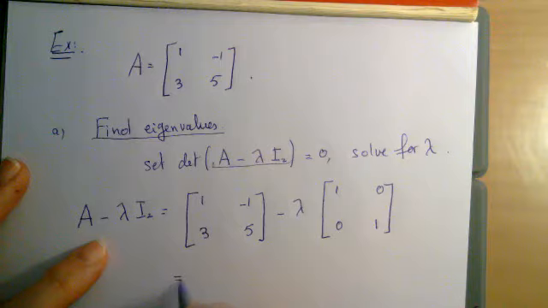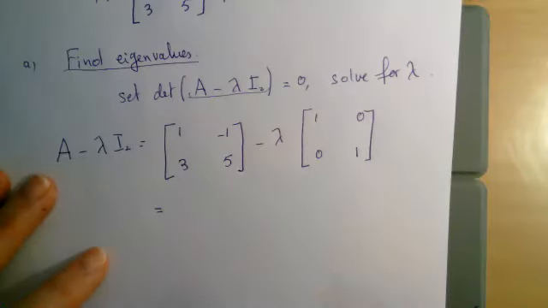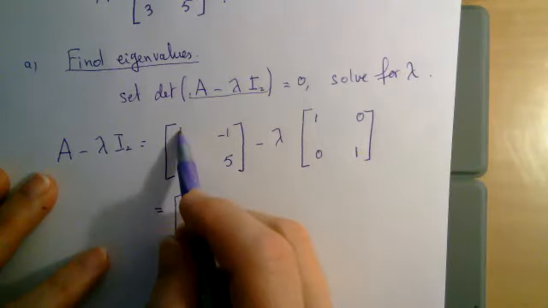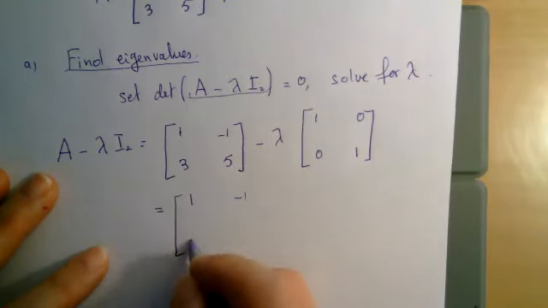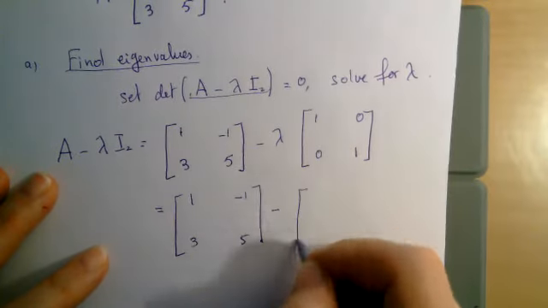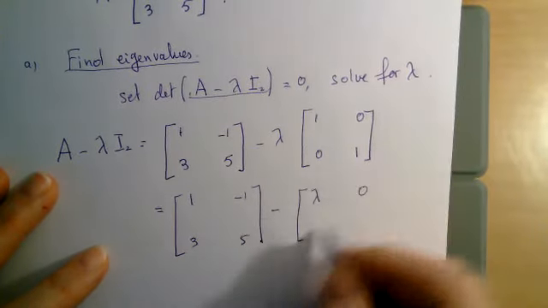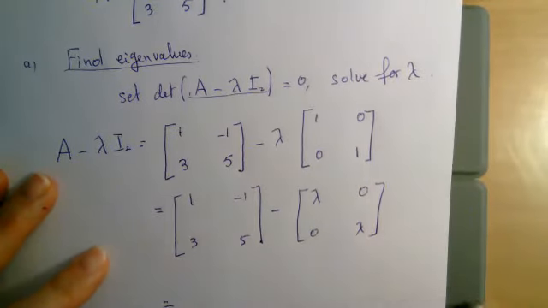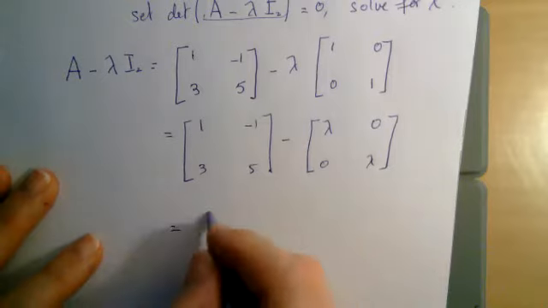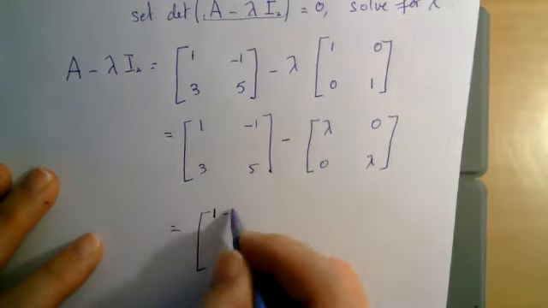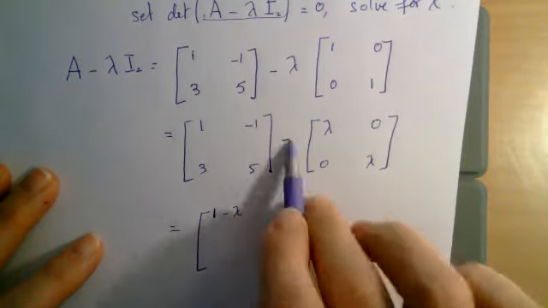Let's compute this. So this is equal to what? Okay, I rewrite it because it's the first time. Multiplying a matrix by a scalar means that you multiply every entry by the scalar. So let's see what we get here. It's 1 minus lambda, and then minus 1 minus 0.